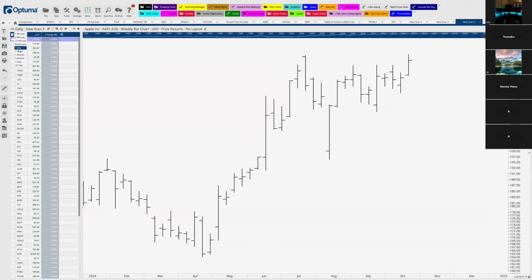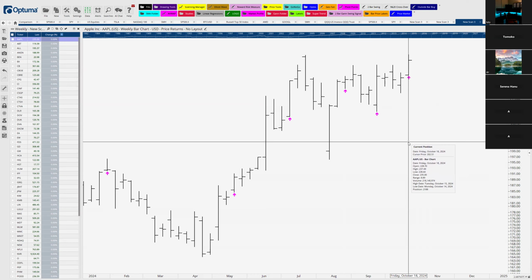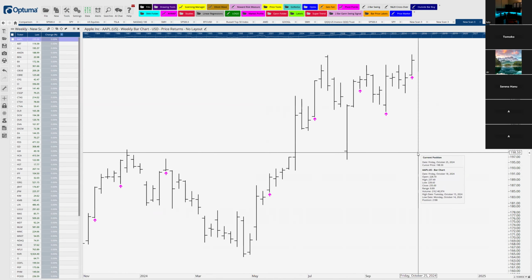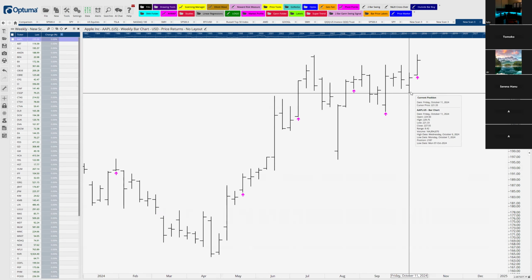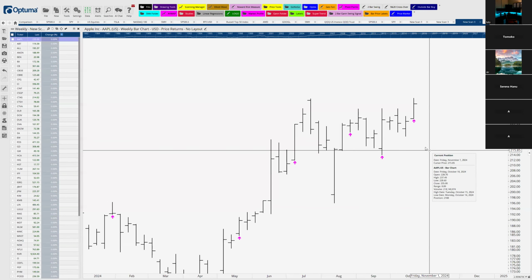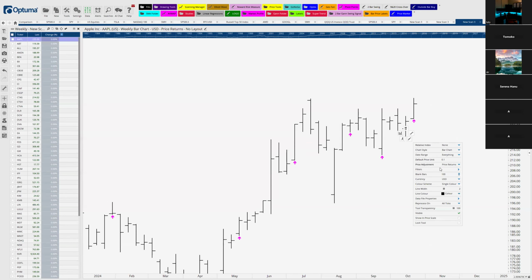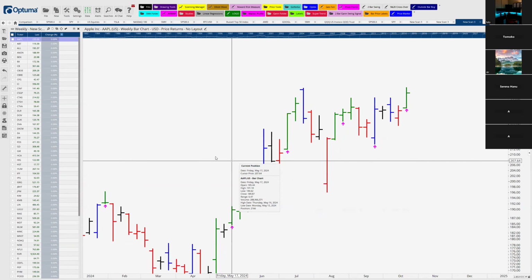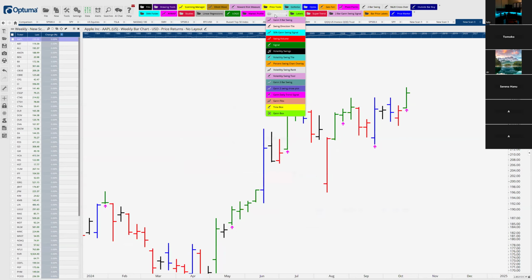Right there. That's Apple. So basically what it is showing is that Apple has two higher weekly bars. So it needs a third bar for the swing to turn up.